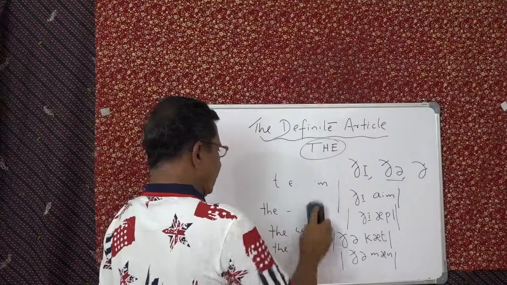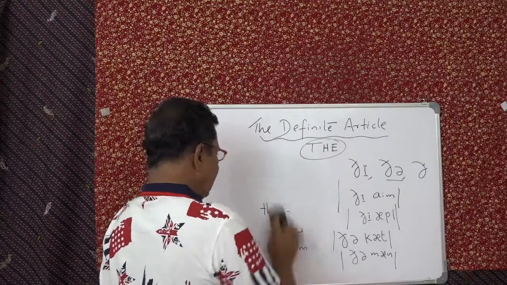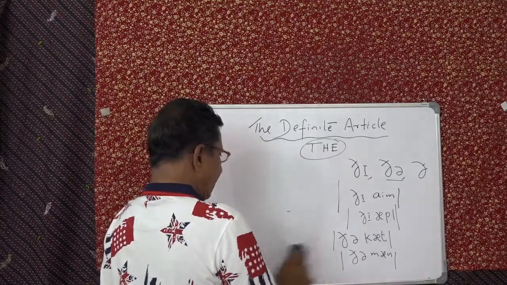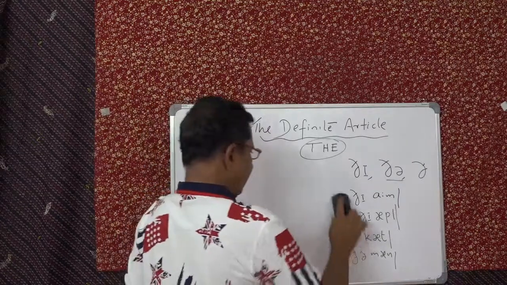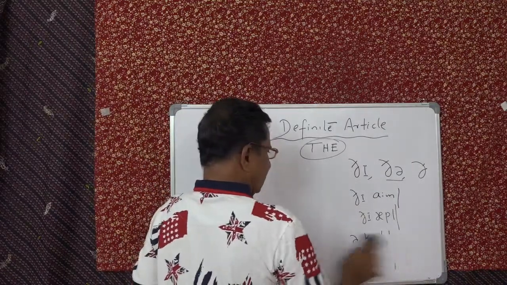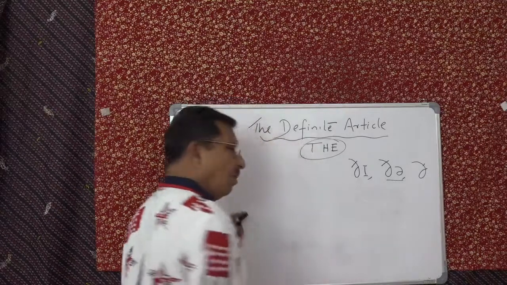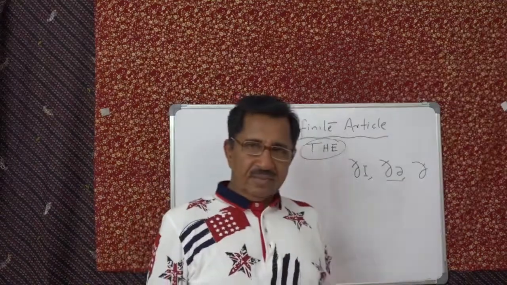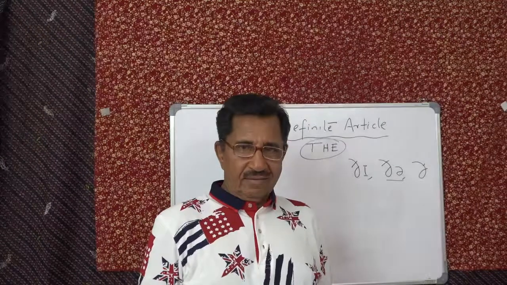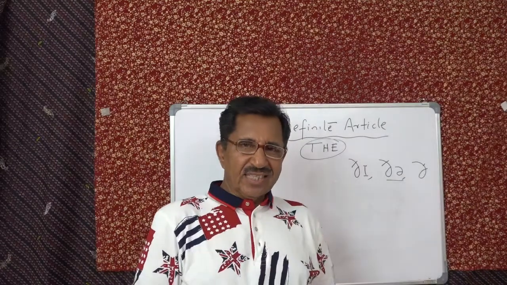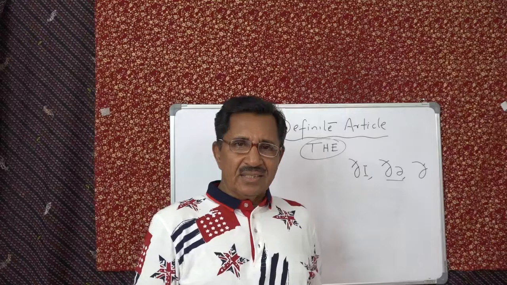So two pronunciations are clear. Now what about the third one? The third one is unstressed positions. Unstressed. See, for example, we say the boy and the girl. You don't say stressed the boy.